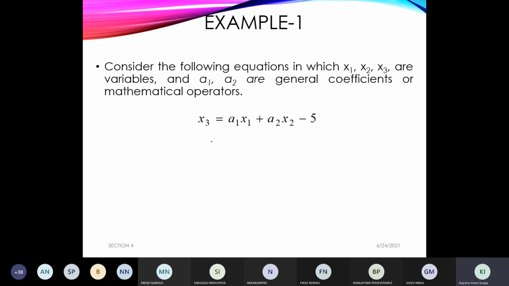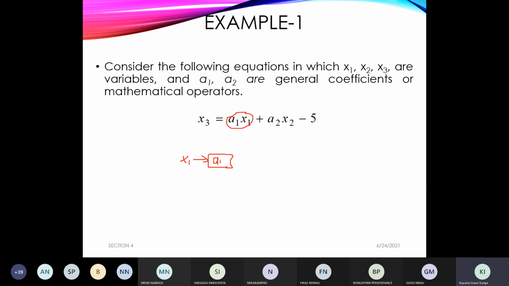So in an easy way, when we want to write this signal, we can make it simple. Let's say the input here is going to be x1, and we have our block which contains the mathematical operator, which we call a1.